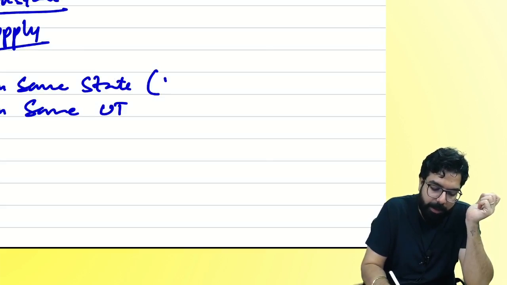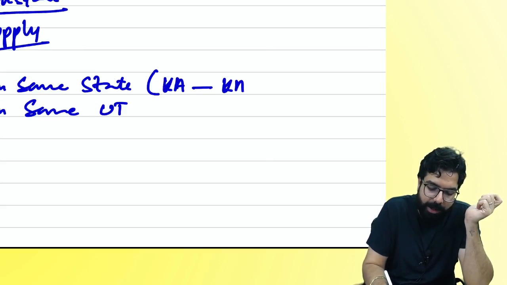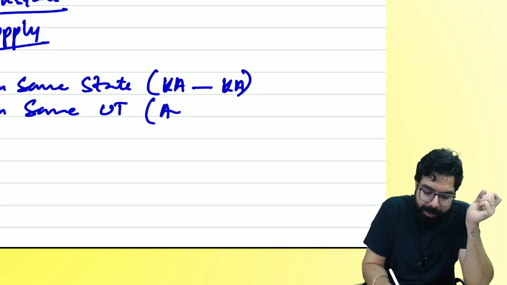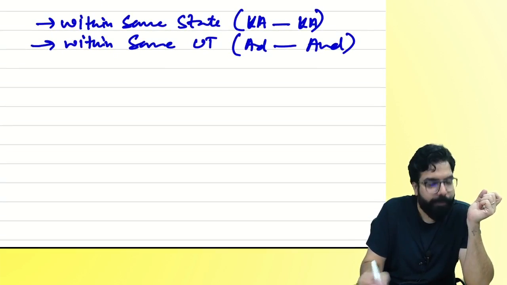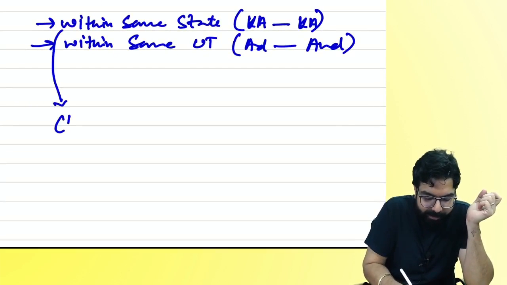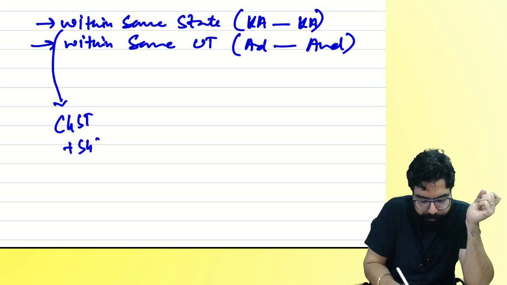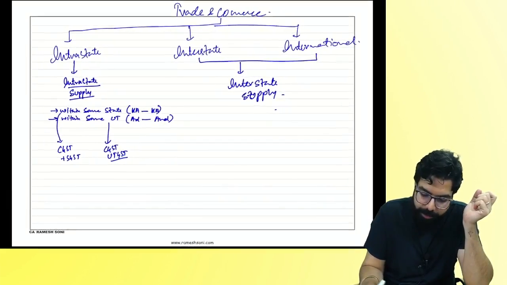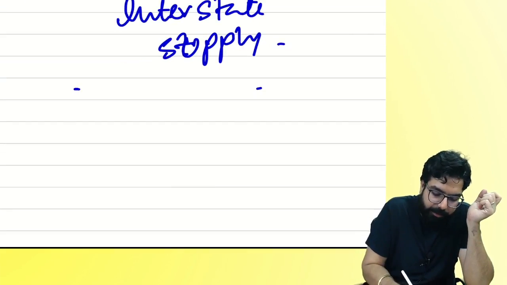For example, a transaction happened in Karnataka only, intrastate, or in Andaman only, intra-UT. In case of a state, we'll charge CGST plus SGST, and in a UT, CGST plus UTGST.